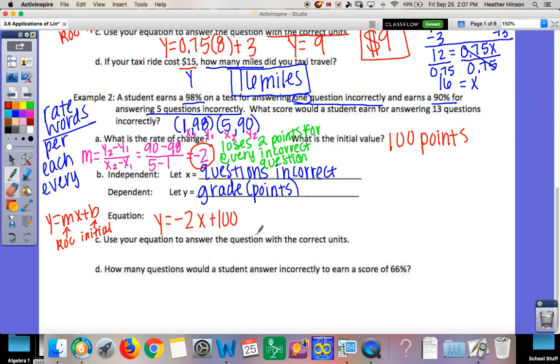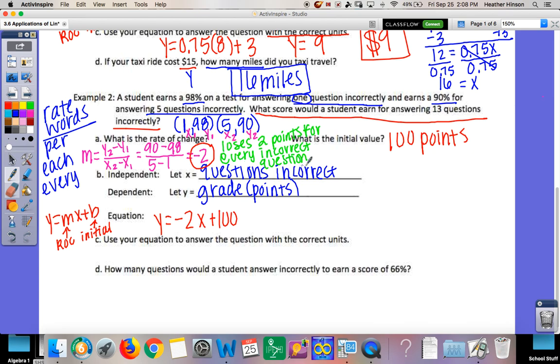So use the equation to answer the question with correct units. What score would a student earn for answering 13 questions incorrect? What is 13? Is it X or is it Y? Which one is 13 questions incorrect?